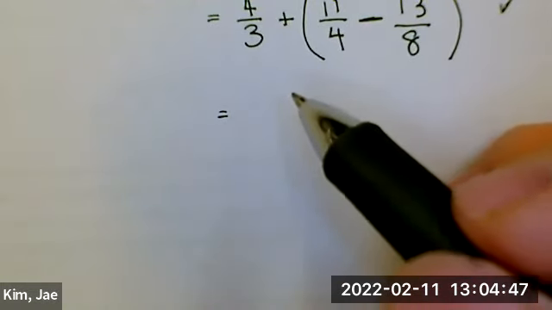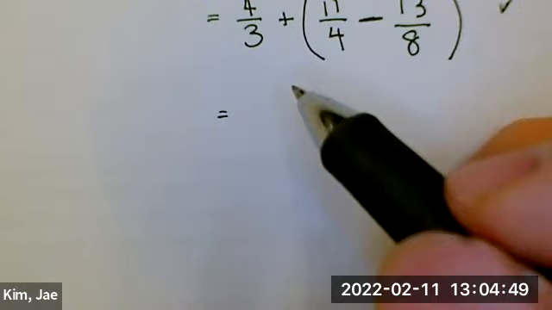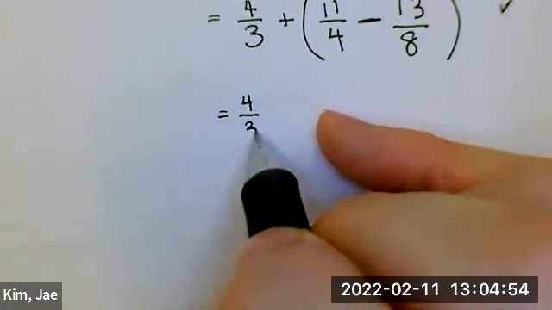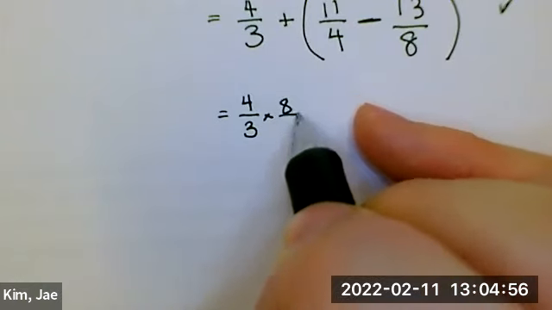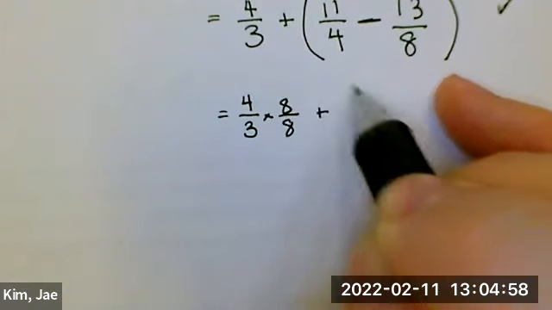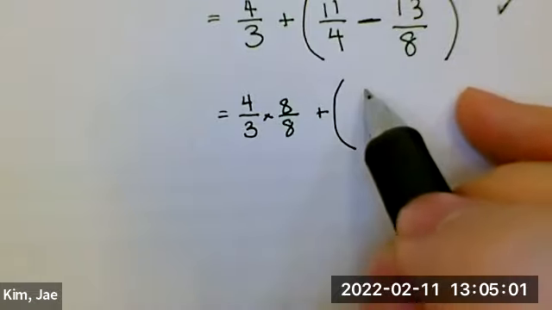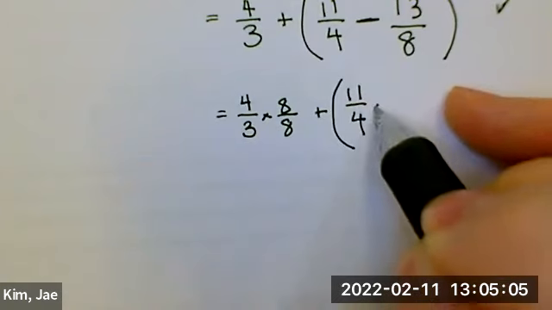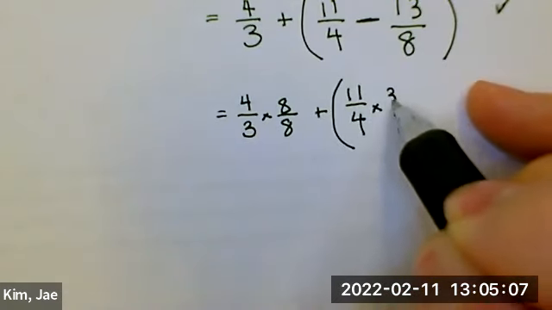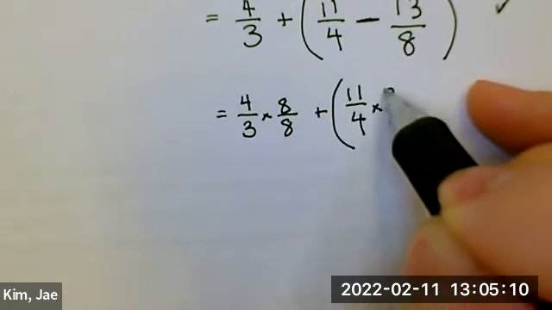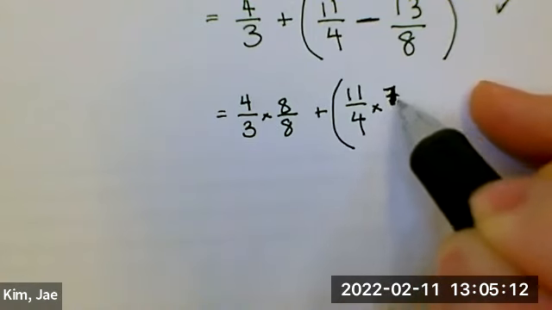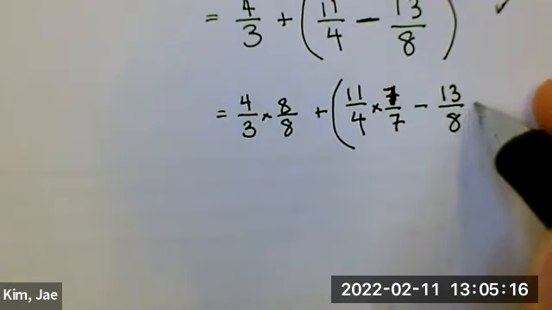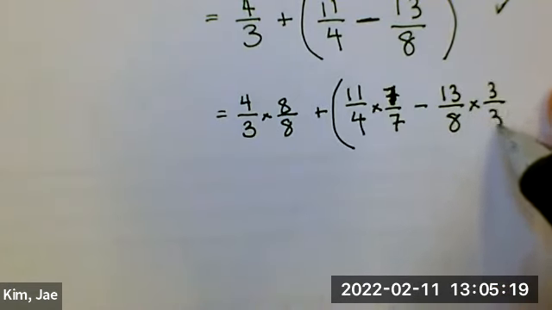Who here would still like me to show every single step just to make sure you know what I'm expecting? Okay. So we've got 4/3. I need to turn that into a 28. I have 11/4 that I'm trying to turn into a 28, so 7. And I have 13/8 that needs to turn into a 28.